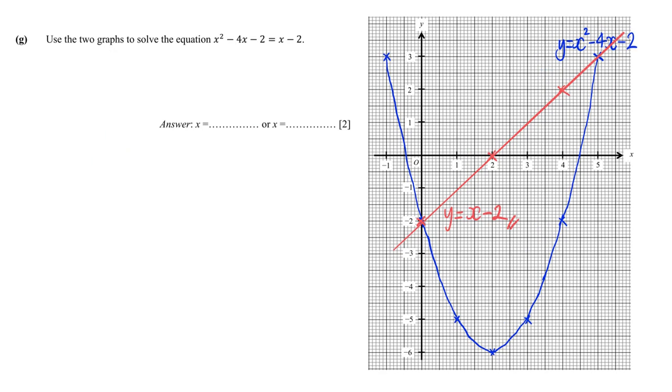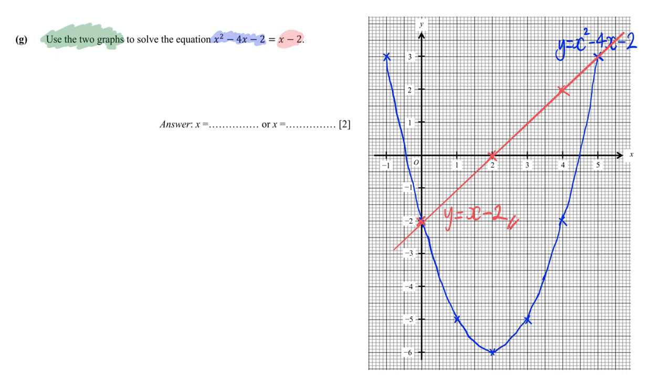Alright, now that we have the two lines, which is y equals x minus 2, the red color line, and the graph y equals x squared minus 4x minus 2. How do I use the two graphs to solve the equation here, where the blue line equals the red line?